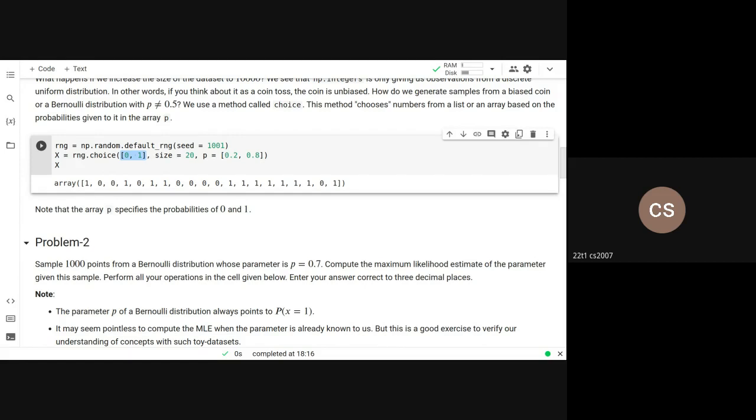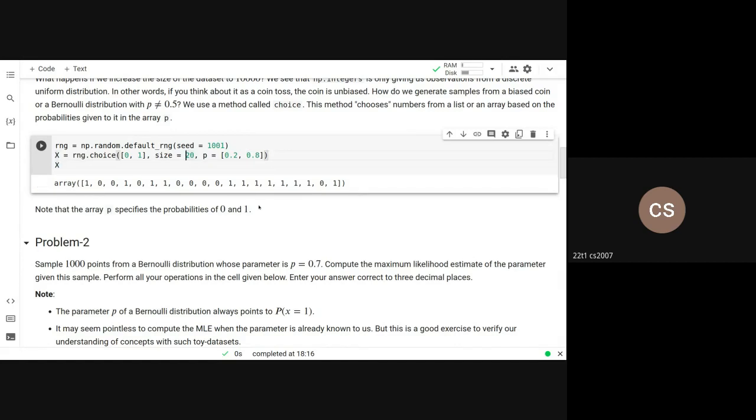It will pick either 0 or 1, and the probability of picking 1 will depend on this number point. So this function is going to pick 0 with a probability of 0.2, and it is going to pick 1 with a probability of 0.8. That is what this is doing.